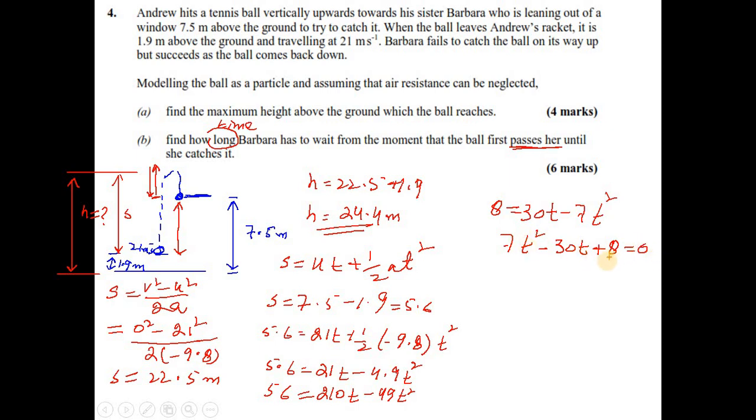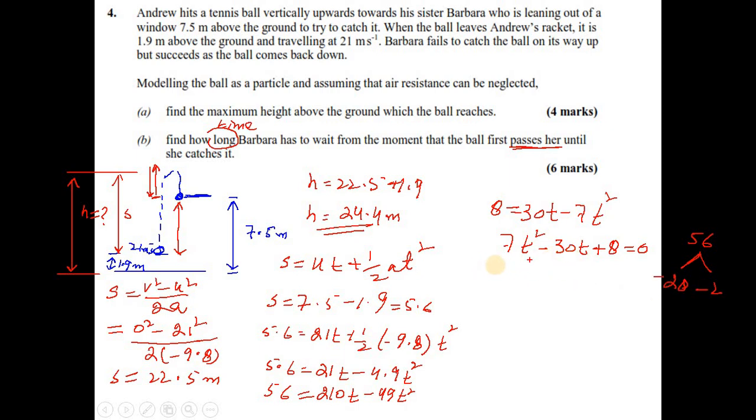So you can factorize this equation, or you can use the quadratic formula if you wish. 8 times 7 is 56, so you have to break 56 into 2 factors so that you can have a sum of minus 30. Clearly the factors are 28 and 2, and both would be negative in sign.